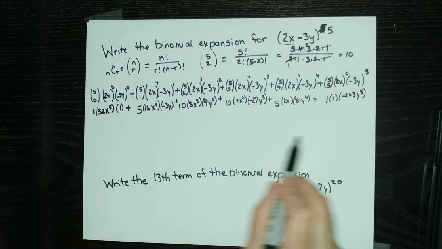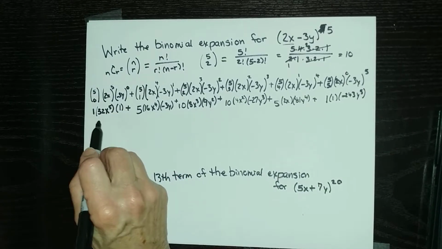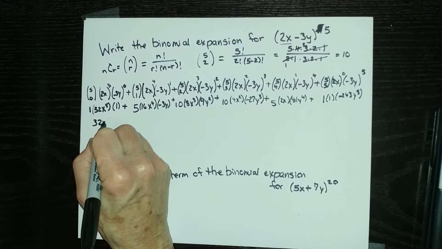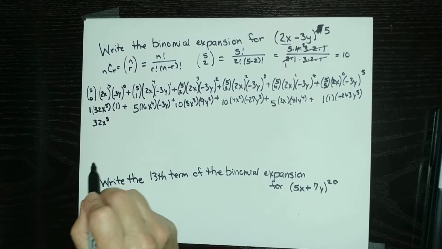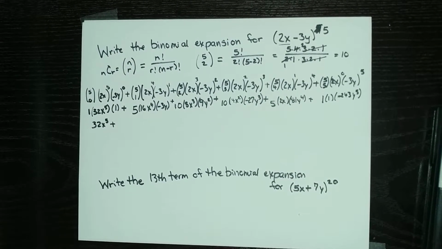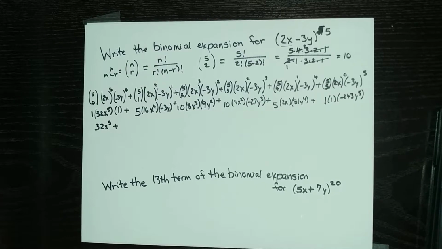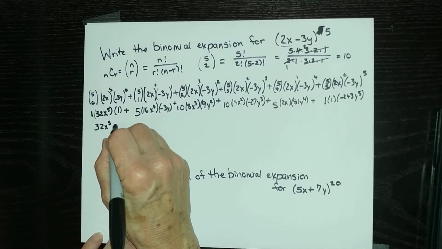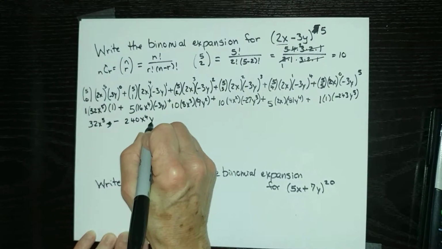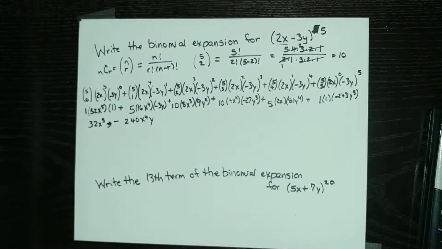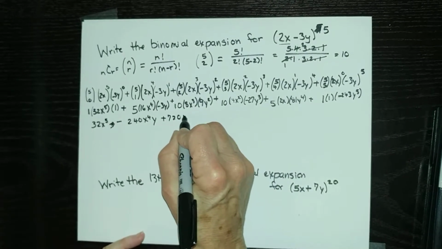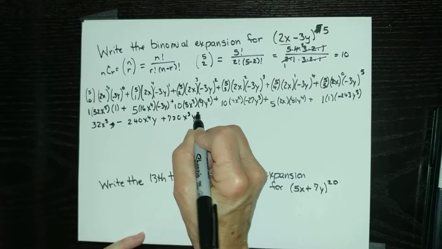Now, I'm going to go through and multiply things together. 1 times 32 times x to the 5th is 32x to the 5th, plus 5 times 16 times negative 3 is minus 240 x to the 4th y. And then 10 times 8 times 9 is 720 x to the 3rd y squared.